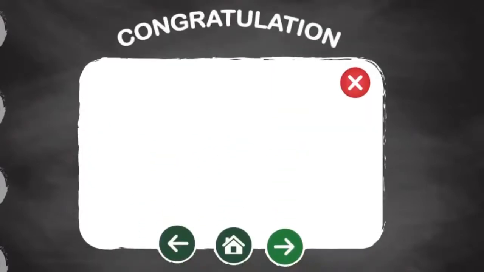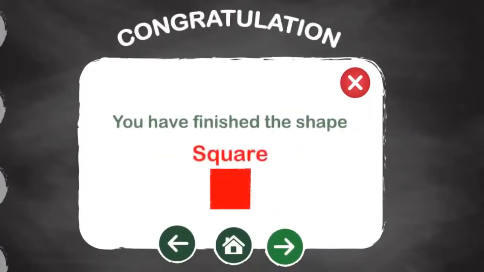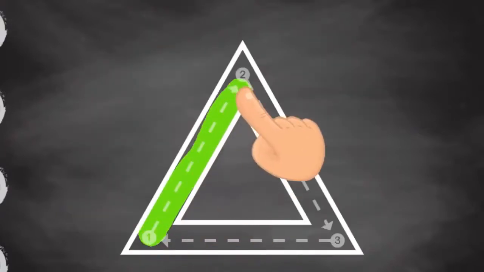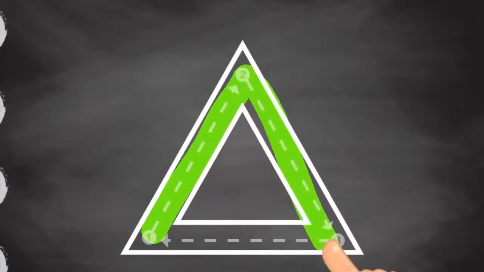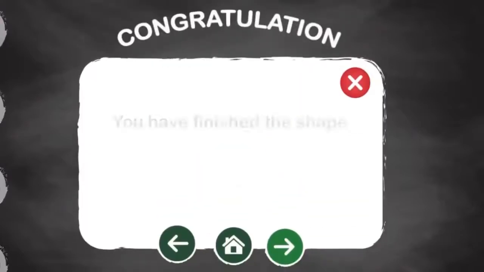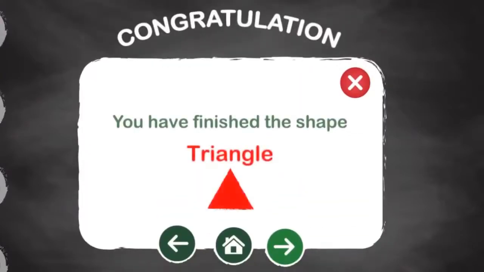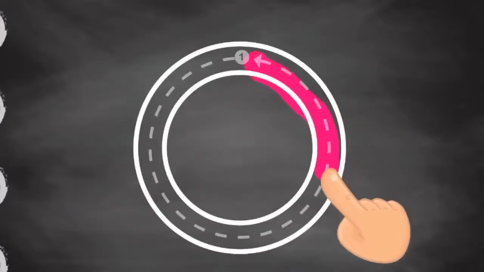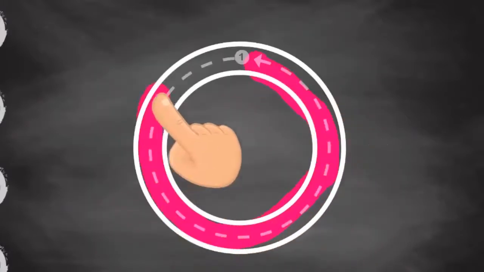That's a square. 1, 2, 3 sides, and that's a triangle. That's a circle with one stroke.